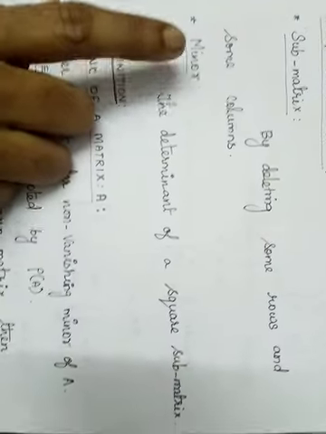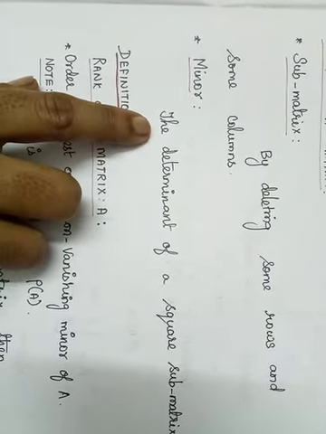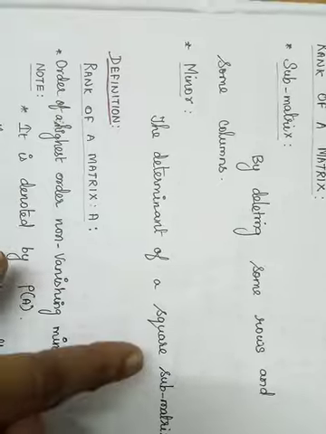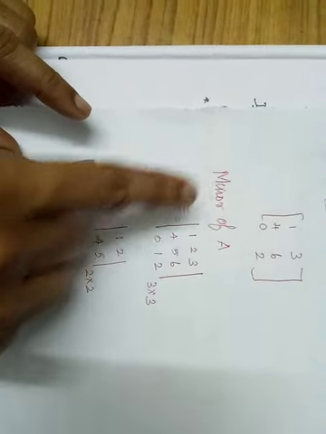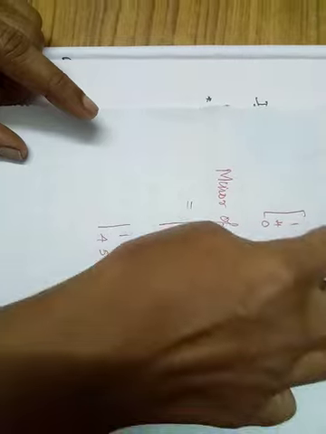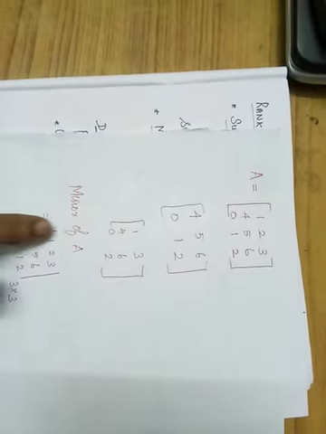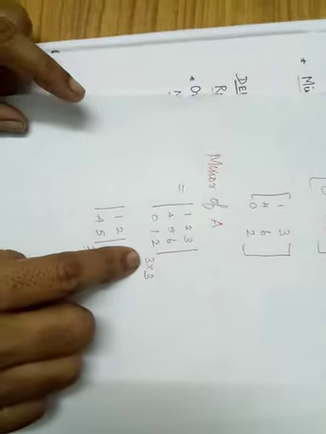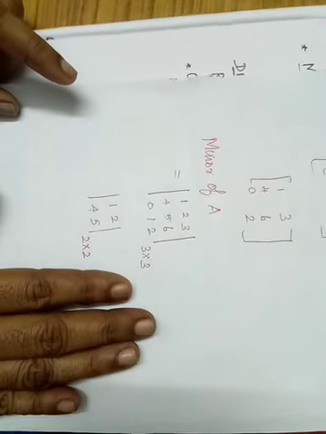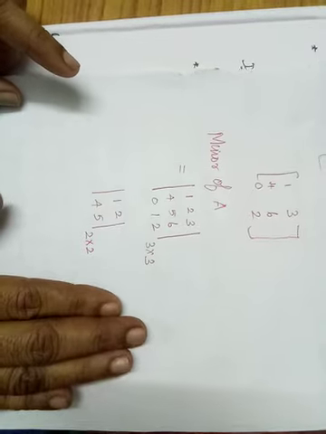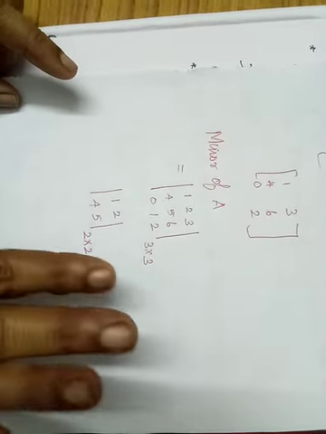The next one is a minor. A minor is nothing but the determinant of a square submatrix. You see that for the matrix A, I have written two minors. Here it's a determinant, so I have written it within vertical lines. In this minor, I didn't delete any rows and columns, so it is also the submatrix and the minor.